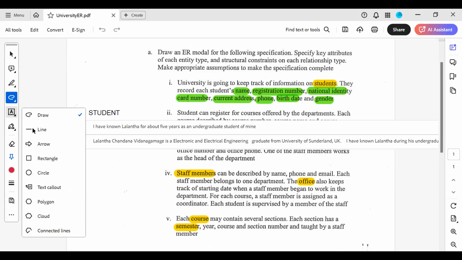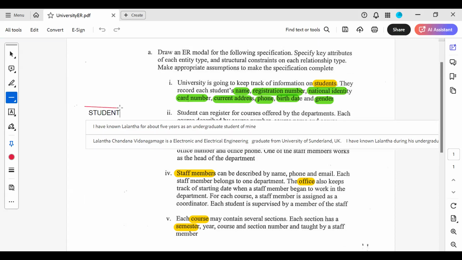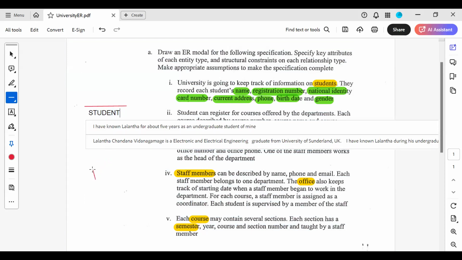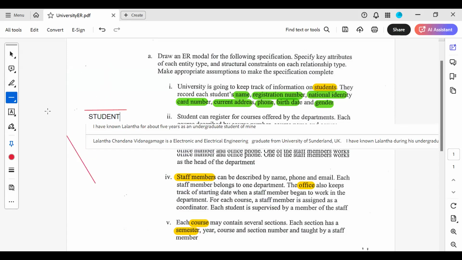And then I can draw. So I'm trying to draw with this PDF.